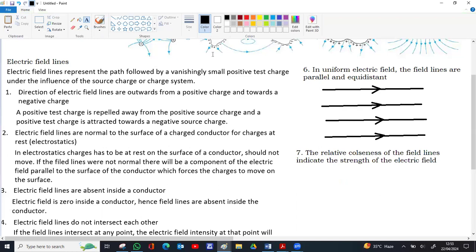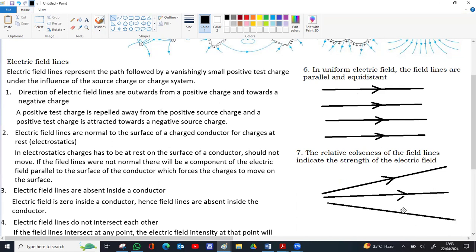So meaning here the field lines are equally close everywhere. This is a uniform field. But if you draw field lines which are close at some points and farther at some other points, like the gap is different for the field lines, wherever the field lines are close, that indicates a strong field, and wherever the field lines are further apart, that indicates a weak field.